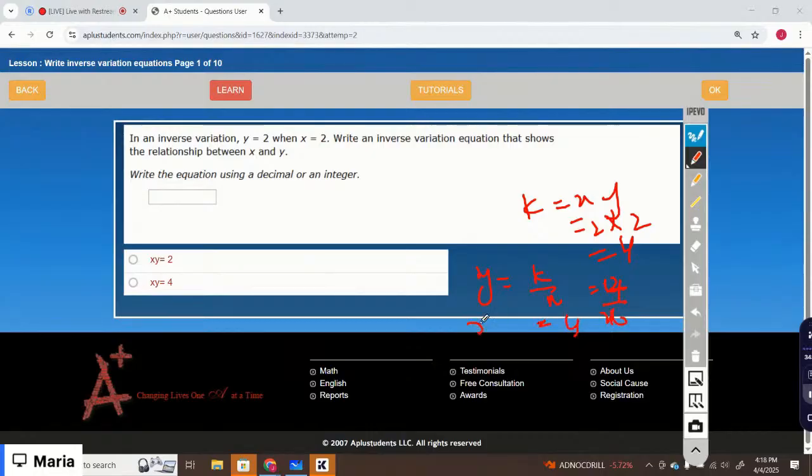So xy equals 4. Option number 2 is the correct option.